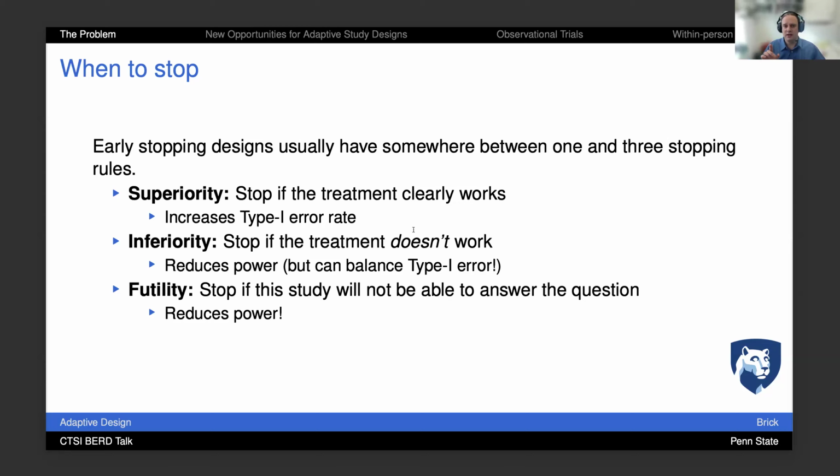Now, I want to highlight here, these are independent of things like safety stopping rules or stopping rules for other kinds of reasons, right? So because of severe adverse events or because the number of adverse events has gone up, those are separate questions and separate stopping rules that are not related to the group sequential design.